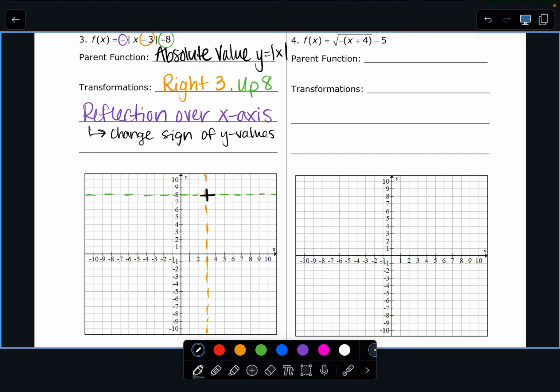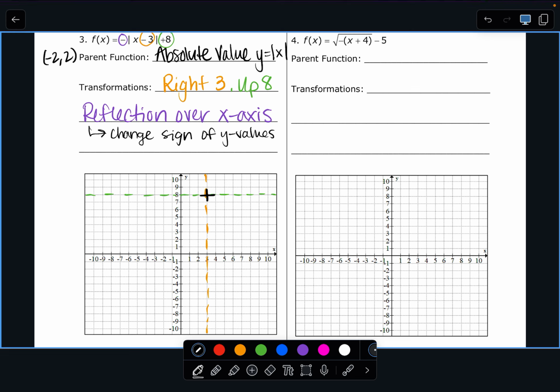Okay, so with that being said, key points for an absolute value. In the video, I gave you -2, -1, 0, 1, 2, because that's kind of what we use. Absolute value can technically fit a lot of different points on a 10 by 10 grid. So you don't have to use those all the time, but in this case, it fits nicely, so I'm going to keep them. Absolute value takes any number that you plug into it and it makes it positive.